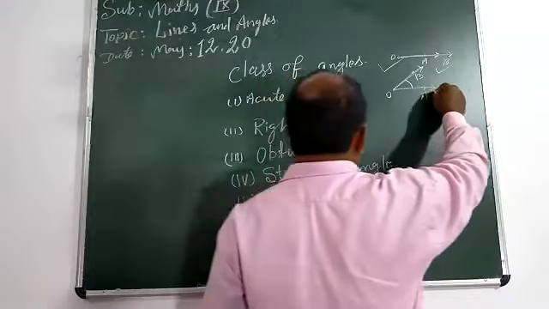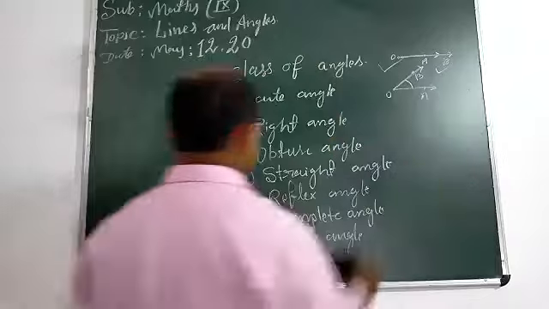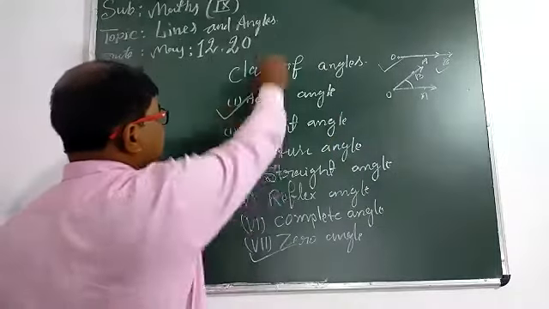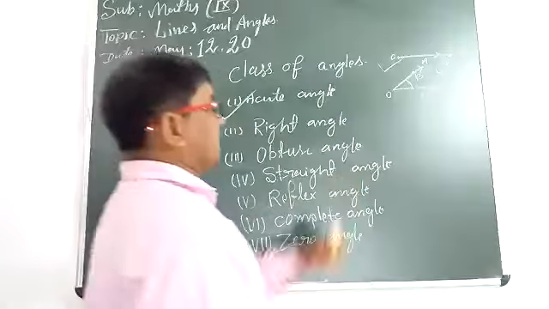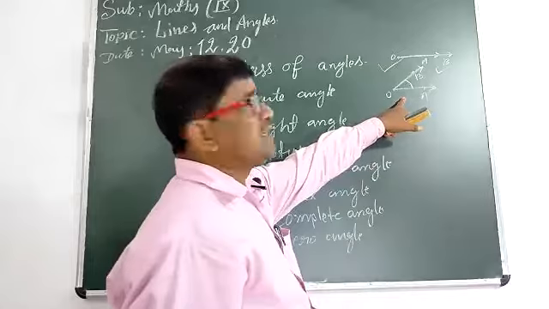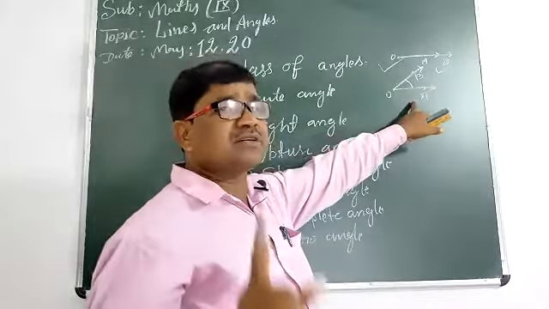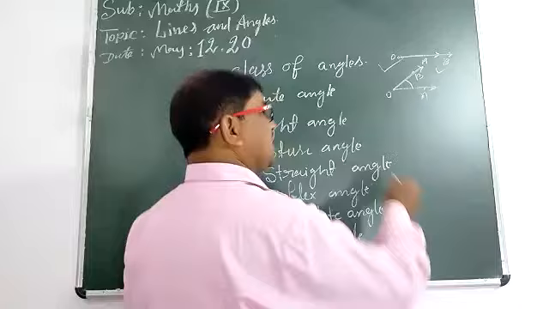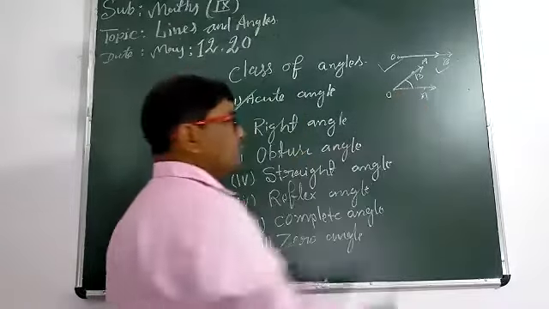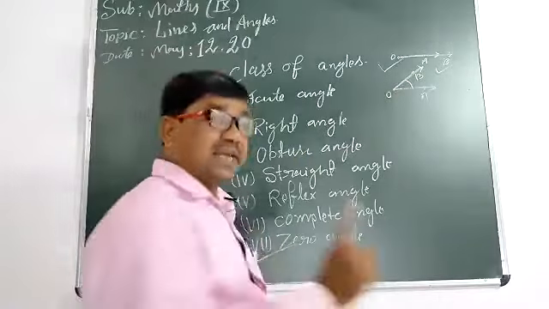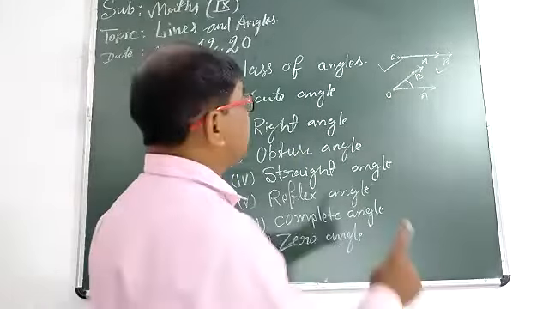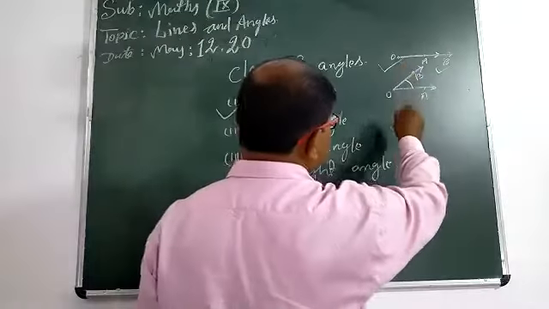So that type of angle is called acute angle. Take here, this type of angle. The angle whose measurement is less than 90 degree, that type of angle is called acute angle.